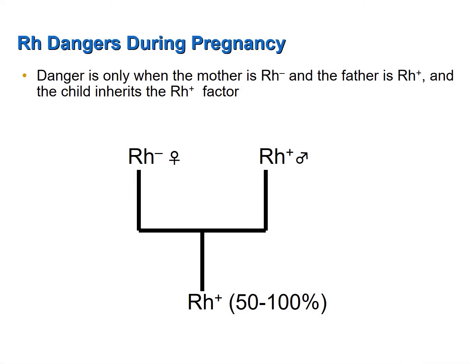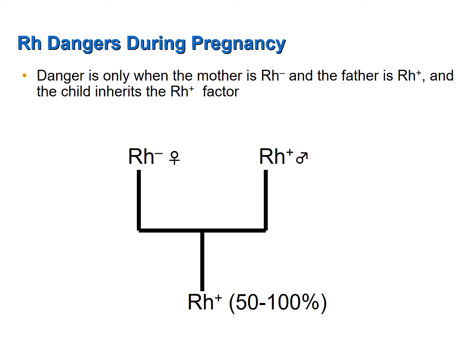There is a potential danger during pregnancy if you have an Rh negative mother and an Rh positive father. And I should clarify, this is not a danger for the first pregnancy, but for any subsequent pregnancy, there is a danger.